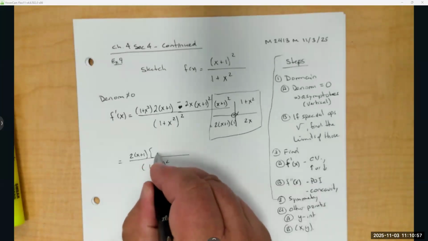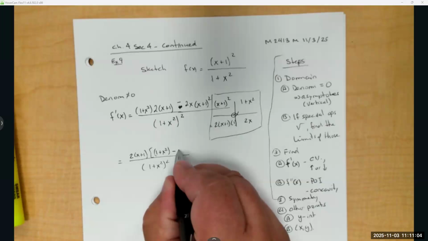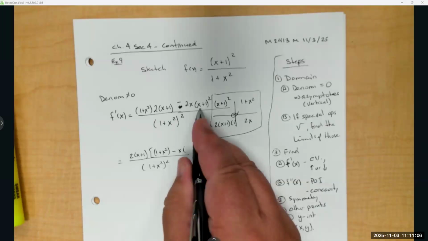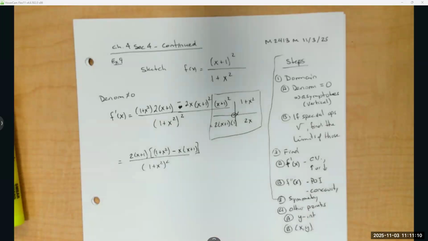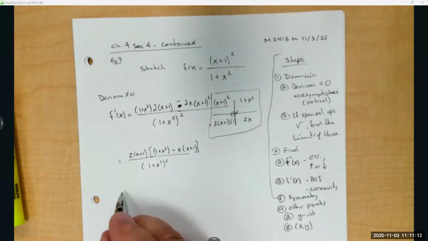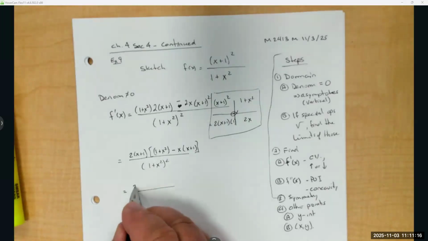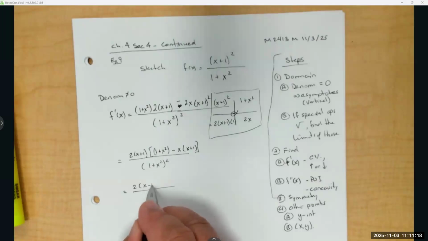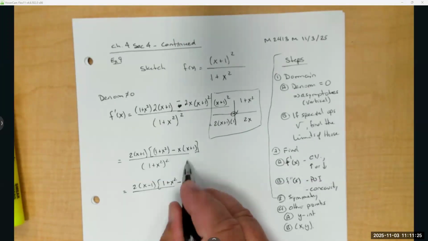That leaves us 1 plus x squared minus x, and one more of those x plus 1s. It's 2 times x plus 1. We don't need the parentheses there. Let's fix the inside.